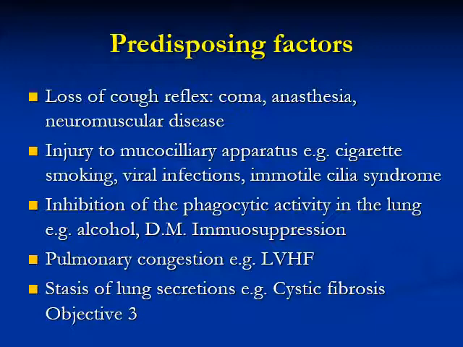Or a patient with a neuromuscular disease like myasthenia gravis, myopathy, and others. Here there is also loss of the cough reflex. So loss of cough reflex is one of the important protective defense mechanisms against infection, and its loss may predispose to pneumonia.